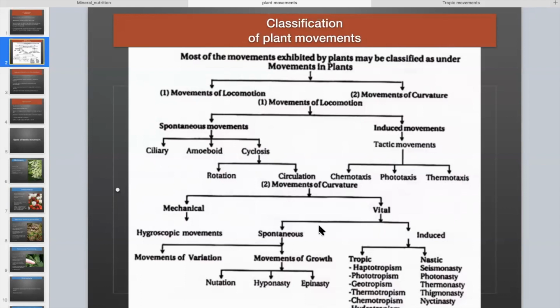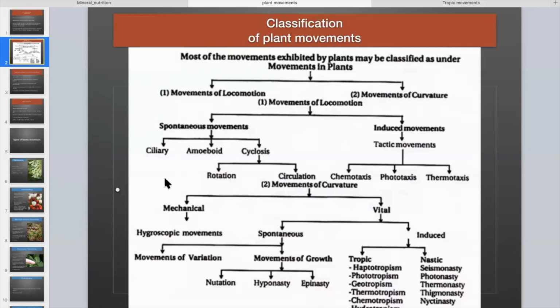Coming to the second type of movement, it is called movements of curvature. Here, one thing I just left out is cyclosis. There are some bacterial cells or very microscopic cells of algae which show rotation and circulation.